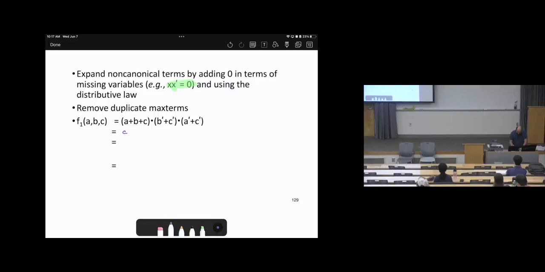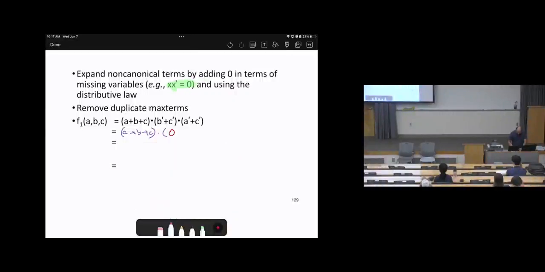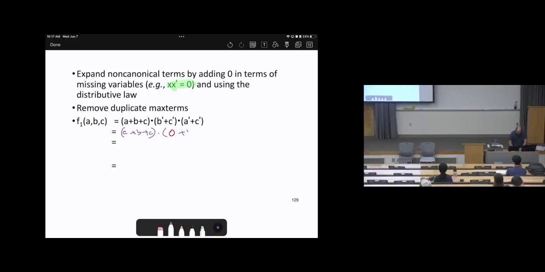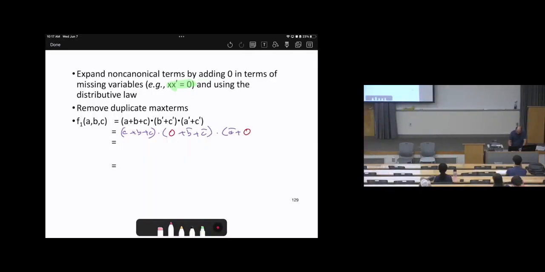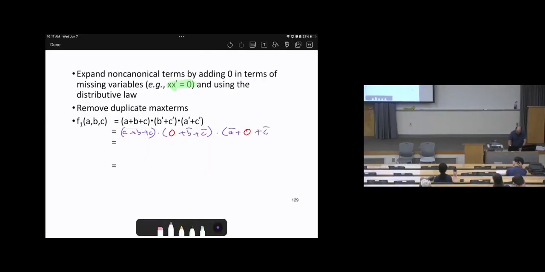We can say A plus B plus C times, then I'm going to write it here in a different color, times 0, plus B bar plus C bar times A bar plus, here the missing variable is at the location of B, which we will make as 0, then plus C bar.